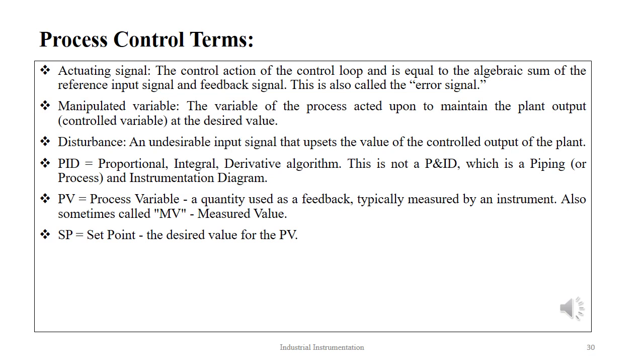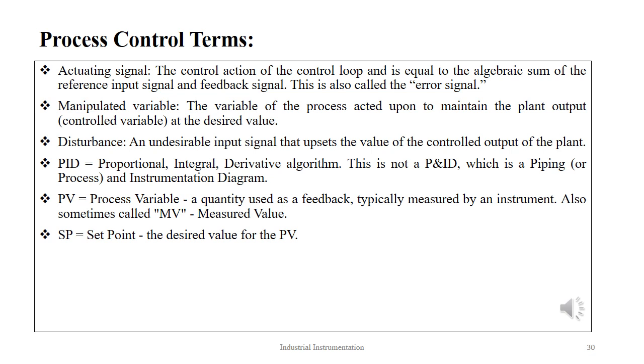PID stands for proportional, integral and derivative algorithm. This is not a P&ID, which is a piping or process and instrumentation diagram. Then we have PV, which stands for process variable, a quantity used as a feedback typically measured by an instrument, also sometimes called MV or measured variable.